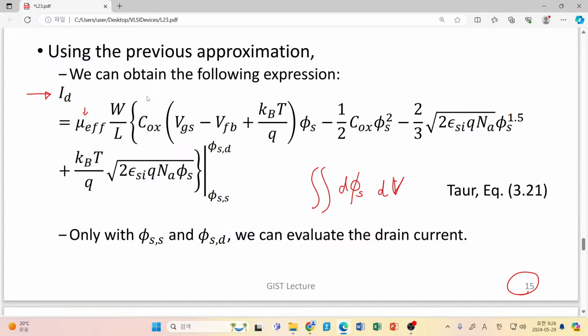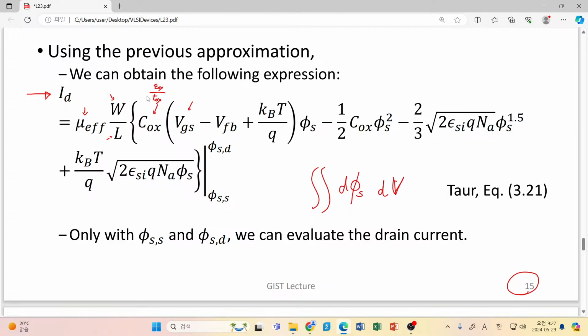Yes, this one is just assumed as a number, and you know W and you know L. Yes. How about this one? Oxide capacitance. Can you calculate it? Yes. When you know the oxide thickness, then by simple calculation you can find it. And how about gate voltage? Do you know gate voltage?